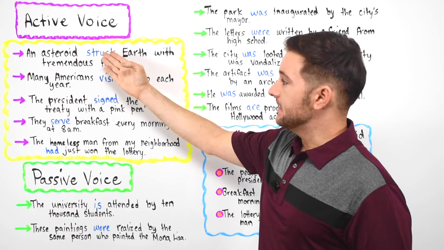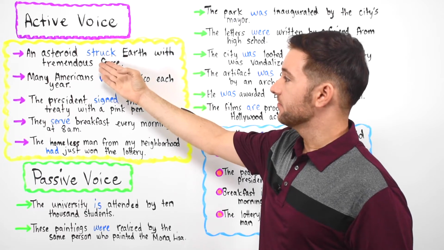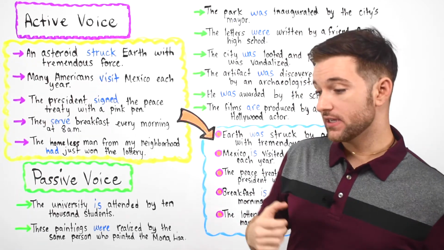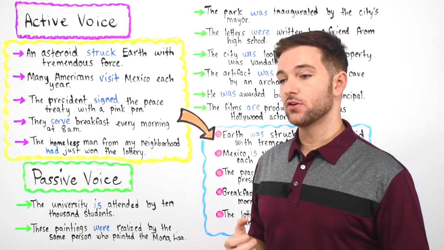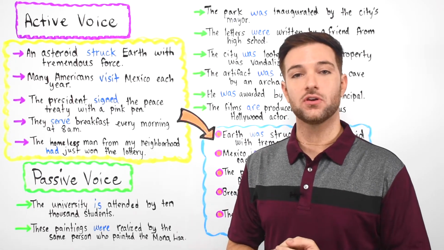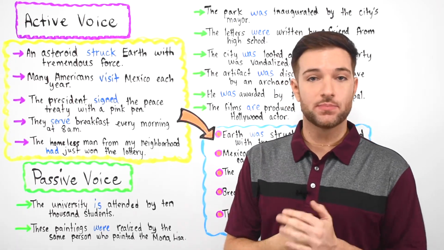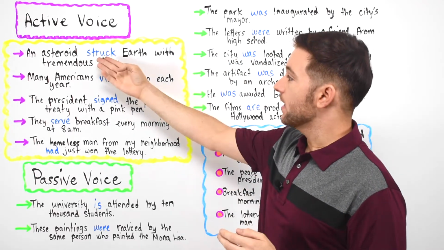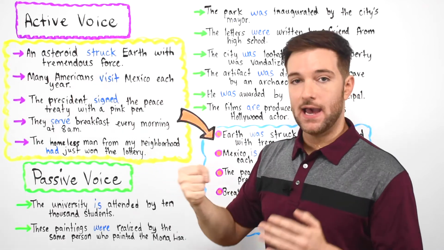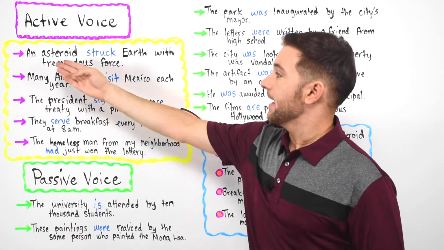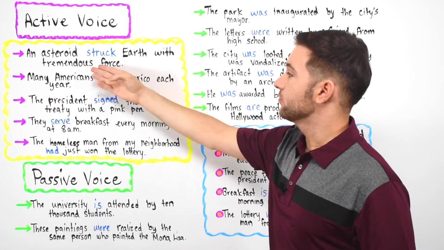Struck is the past tense coming from the verb to strike, okay, meaning to hit, to kick even, or you have a collision with another car, you strike a car, or a plane strikes a bird while it's flying in the air, it strikes a bird. We use strike with an impact, something forceful, strong, robust. An asteroid struck Earth with tremendous force.